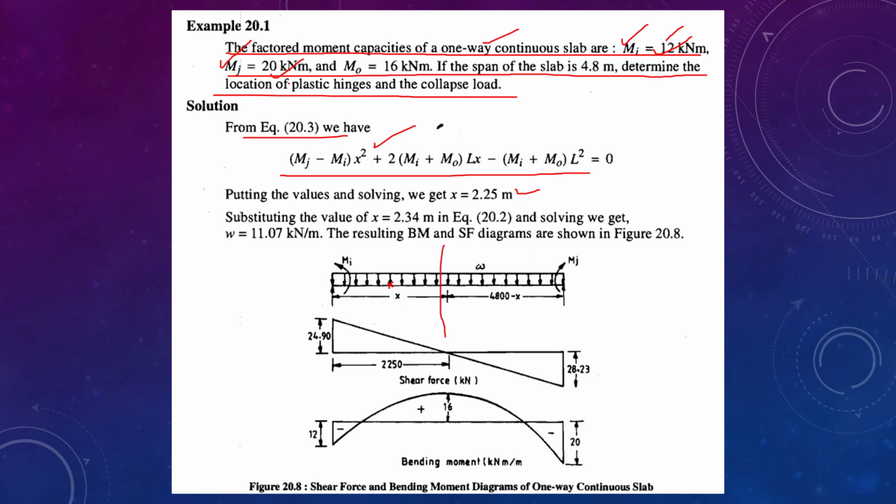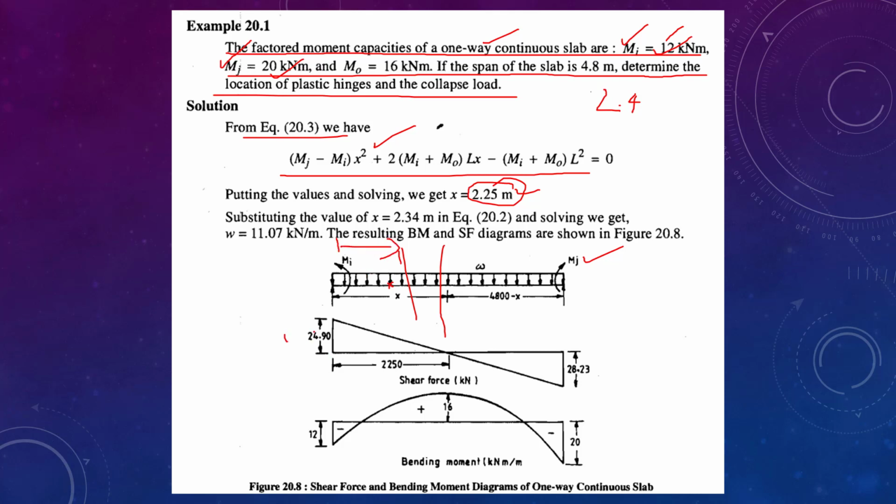So due to these changed values, the x becomes different out of 4.8 meter. Normally it should come 2.4 exactly at the center, but we got 2.25 meter towards the left side, as we had a higher moment at the j side, right? Because x is measured from the left.